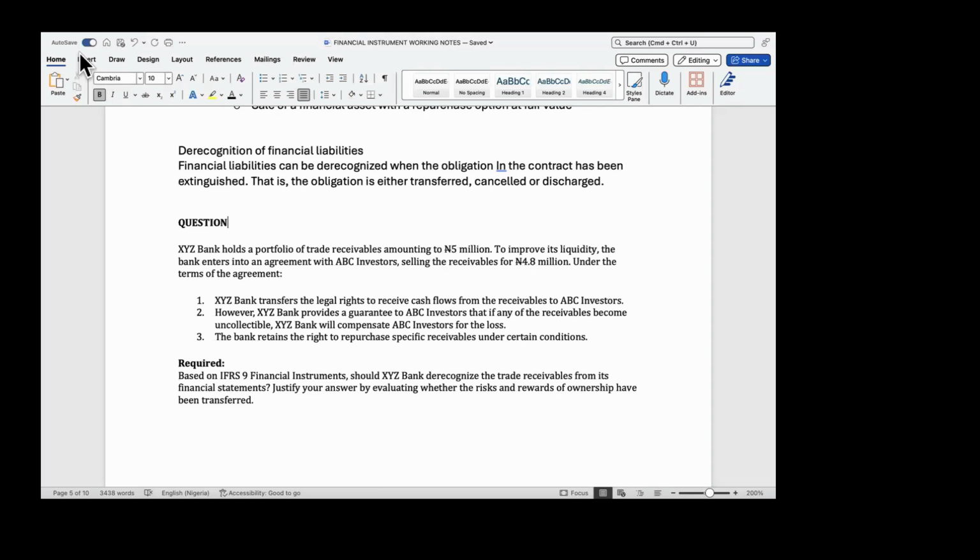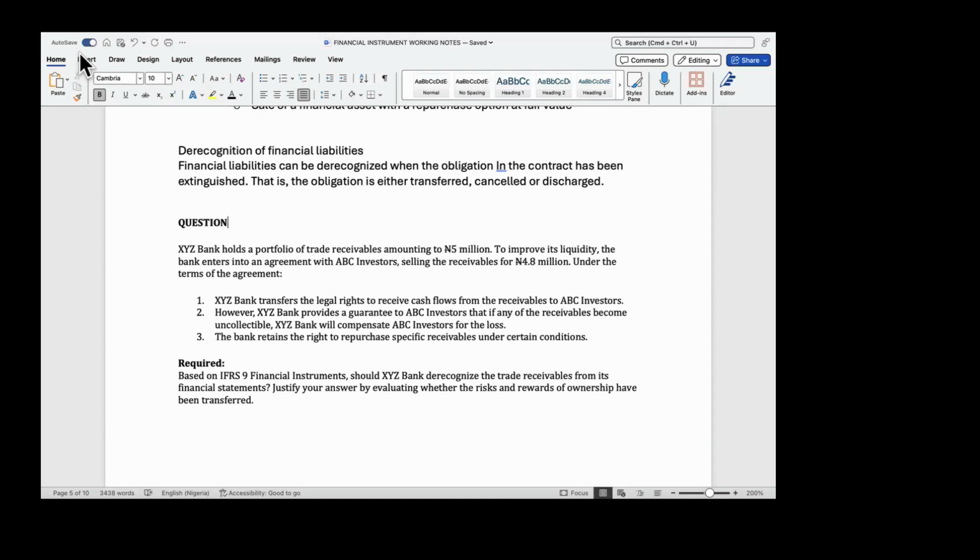XYZ Bank holds a portfolio of trade receivable amounting to 5 million naira. To improve its liquidity, the bank entered into an agreement with ABC investors, selling the receivable for 4.8 million naira under the term of agreement. Agreement number one, XYZ Bank transferred the legal right to receive cash flow from the receivable to ABC investors.